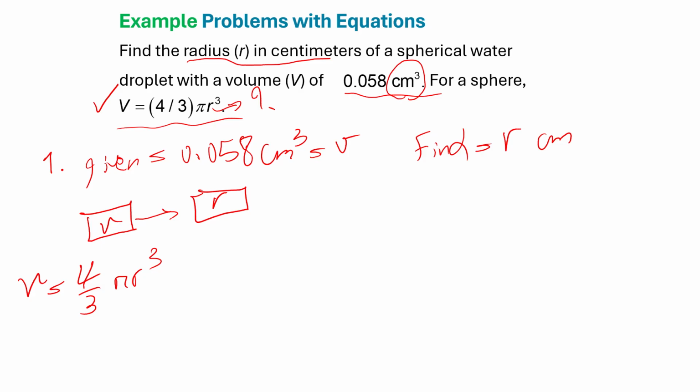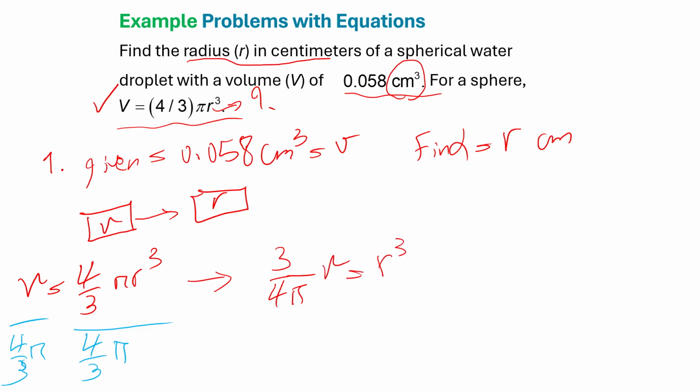The first thing first, we need to divide both sides by 4/3 pi, which gives you, so something that I have done, I divided both sides by this, and now I ended up with this one.